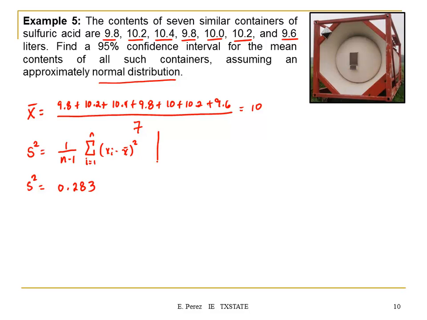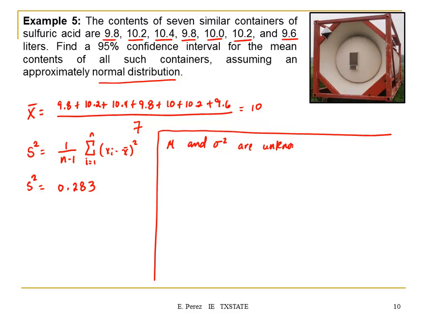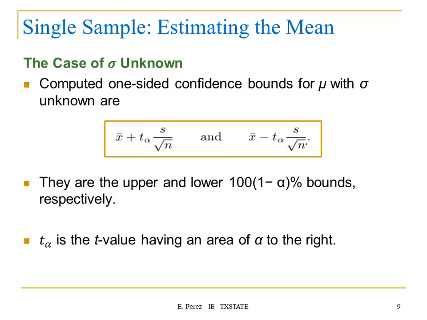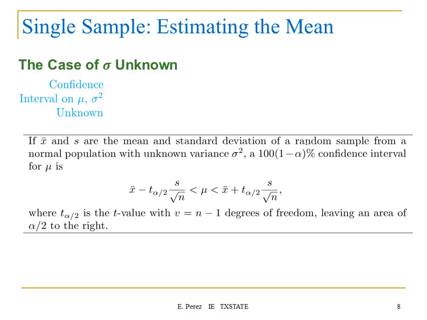So now we can compute our confidence interval. Again, this is for the case in which mu and sigma squared are unknown. For that case, we know that we can use this confidence interval.